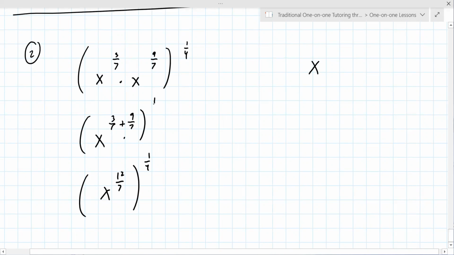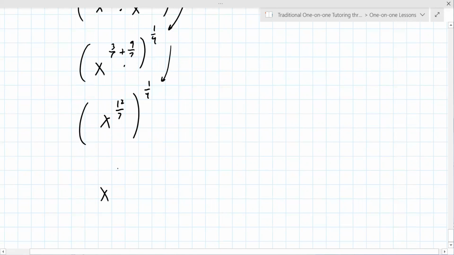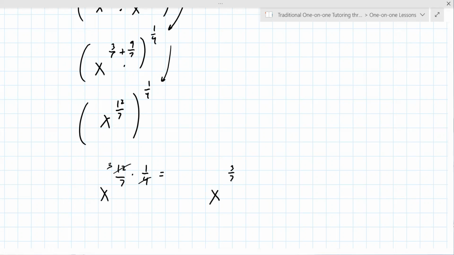Just bring that down. Now you multiply the exponents, so you take 12/7 and multiply it by 1/4. This one's slightly different: the 12 and the 4 do cancel. You get a 3 up there, so this is x to the 3/7. Okay, so I didn't do it right.